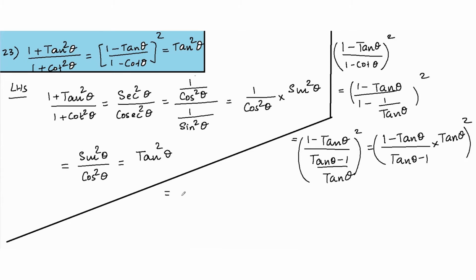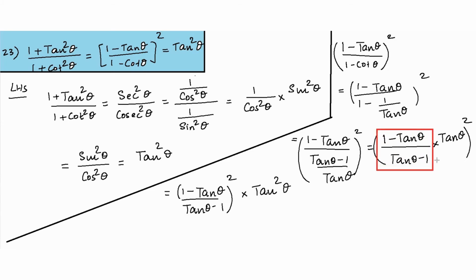Therefore this becomes (1 minus tan theta upon tan theta minus 1) the whole square multiplied by tan square theta. Right? So I have split the squares. The square was applicable for this term, as well as for this term. So I have split the two squares here.